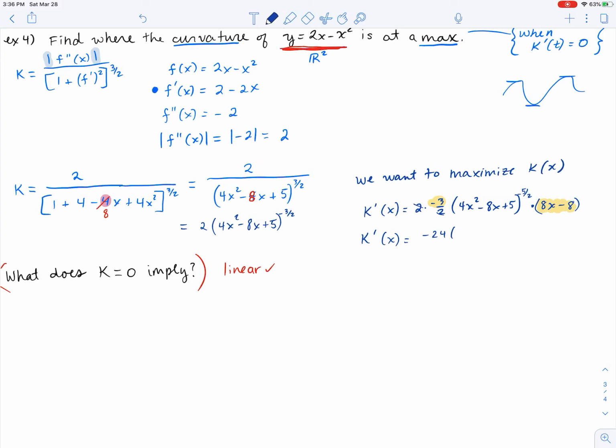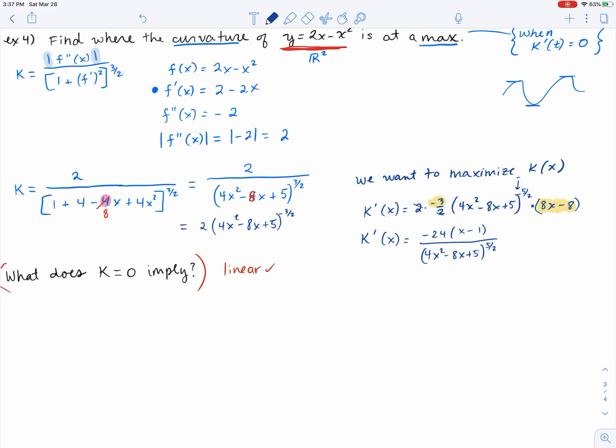So I'm going to have negative 24 times the quantity x minus 1 in the numerator. And in the denominator, I have 4x squared minus 8x plus 5 to the positive 5 halves. Since here, it's hard to see, but there's a little negative sign in front of there. And so if we bring it down, there's a negative sign there. It's just hard to see.